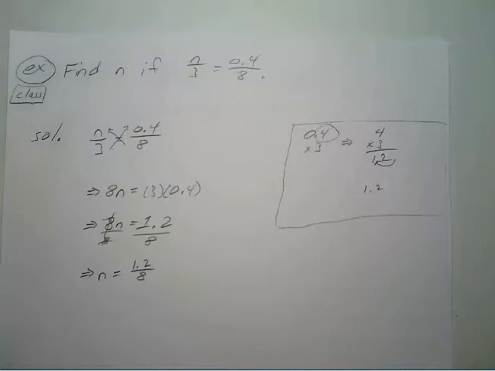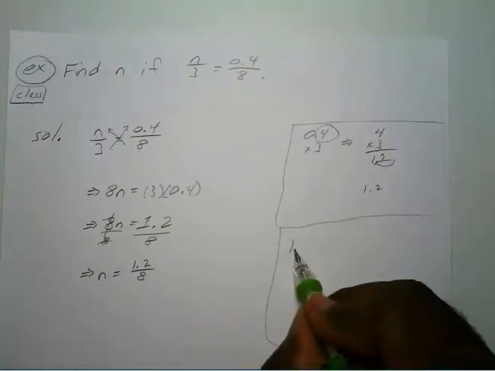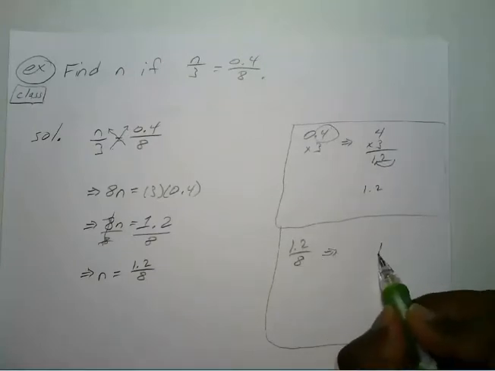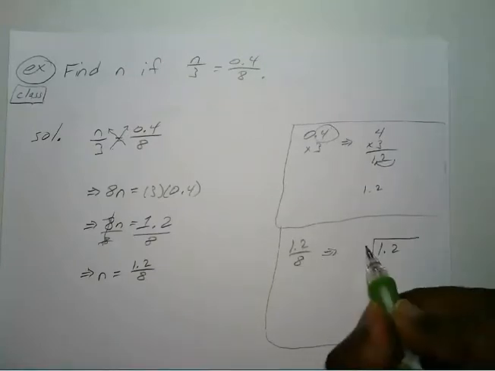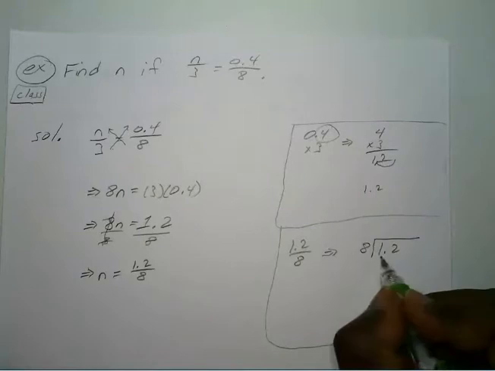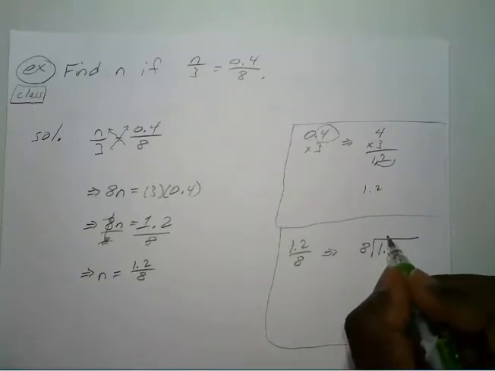Okay, so what's 1.2 over 8? Well, let's find that out. So 1.2 divided by 8, we're going to rewrite that as 1.2 divided by 8. That 8 is already a whole number, so we don't have to move the decimal left or right, so we just run it straight up there.